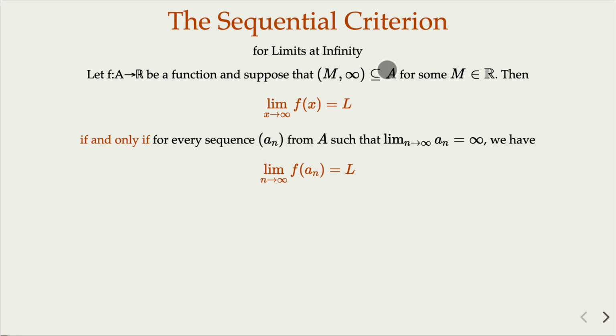We say that if a function is well defined on some interval up to positive infinity, then a limit L exists if and only if for any sequence a_n that goes to infinity as n goes to infinity, the function of the sequence, f(a_n), converges to the same value L. This L has to be the same.